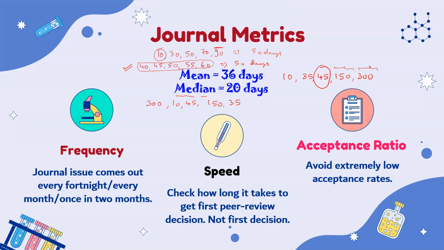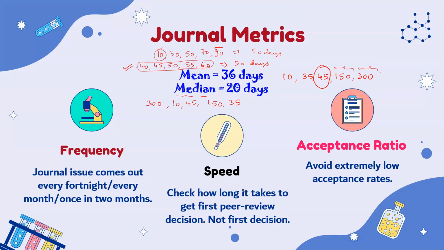So first you have to ensure and shortlist at least 3 to 4 journals which are falling in the exact area or in the broad area also of your research. And then you have to do this step, like check the frequency. If the journal has more issues per year, try to prefer those kinds of journals, and try to prefer the journals which have a decent acceptance ratio, like 15 or above, or 20% acceptance.